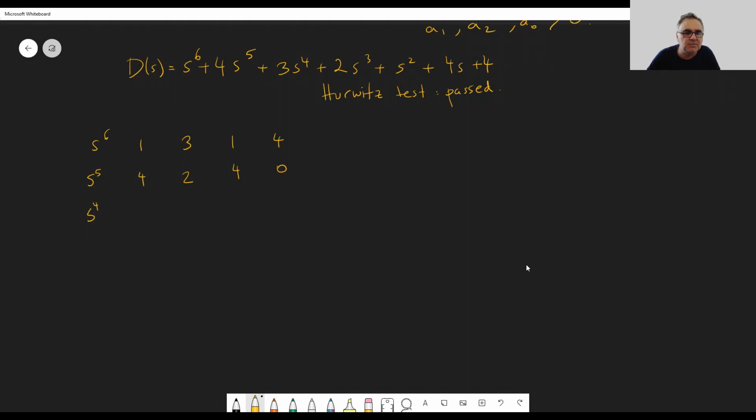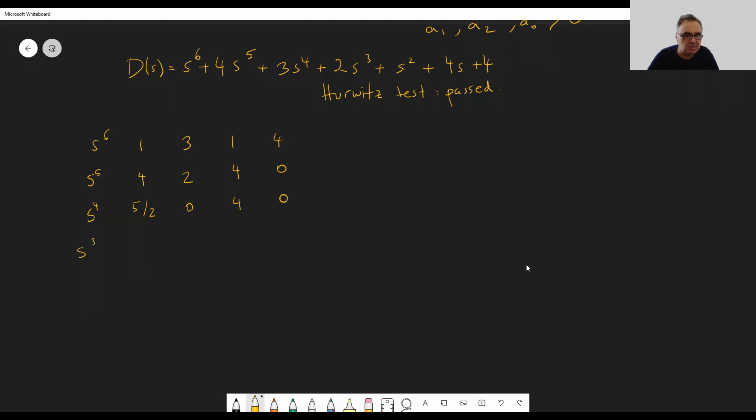We take the negative determinant of this, 12 minus 2, 10. 10 divided by 4 is 5 over 2, right? This one, it is 4 minus 4 is 0, divided by 4 is 0. This one, 4 times 4 minus 0, divided by 4 is 4, and 0.